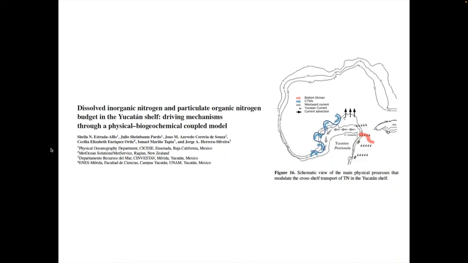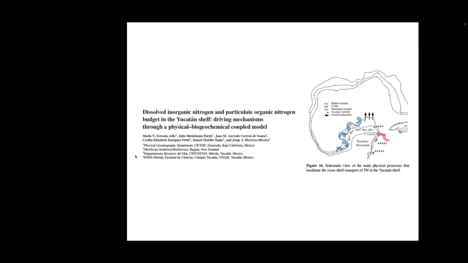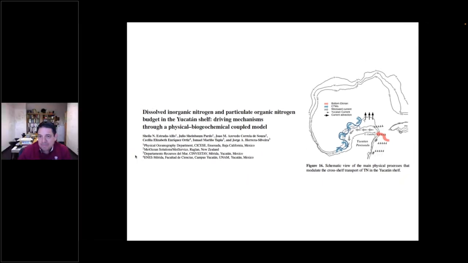It's getting recharged with nitrogen by the underground water sources, but also from the upwelling in the Yucatan shelf. The important thing here is that this upwelling is not produced by the winds, it's produced by the interaction between the Yucatan current and the topography of the Yucatan Peninsula. Details can be seen in this paper.